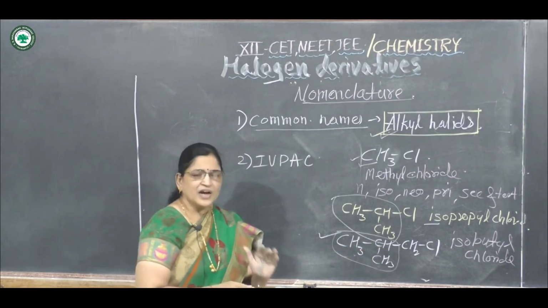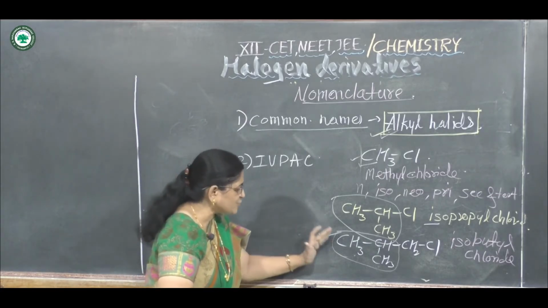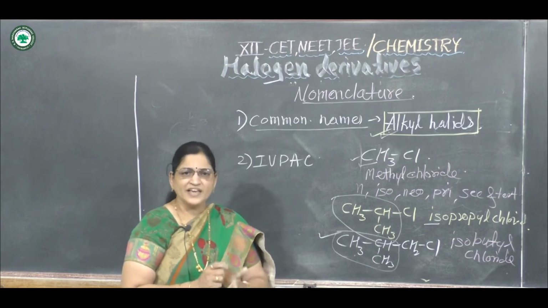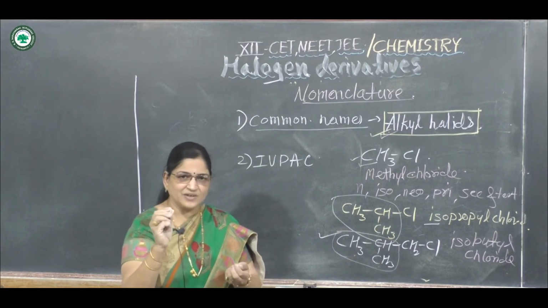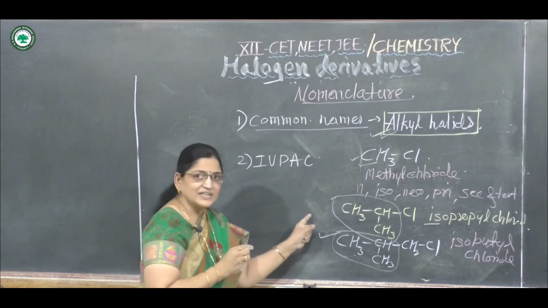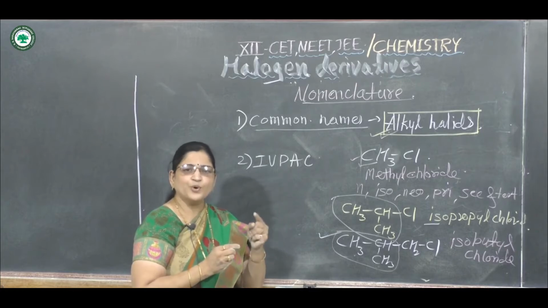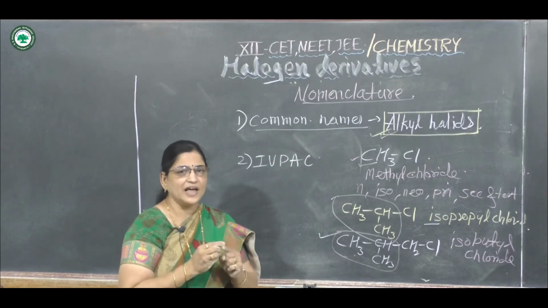A question always asked in competitive exams: isobutyl chloride is dash dash dash. First option primary alkyl halide, second secondary alkyl halide, third tertiary alkyl halide and fourth quaternary alkyl halide.